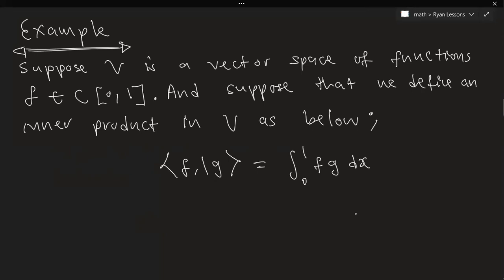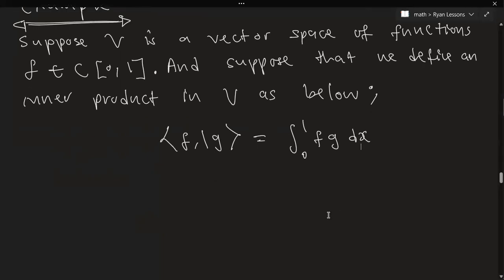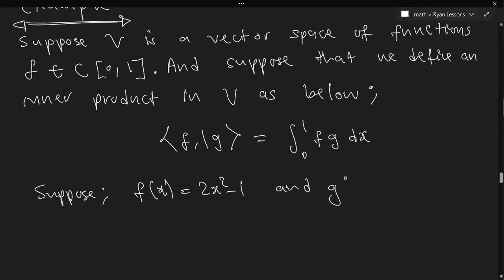Now suppose f of x is equal to 2x squared minus 1, and g of x is equal to 5x plus 2. And then evaluate the following.